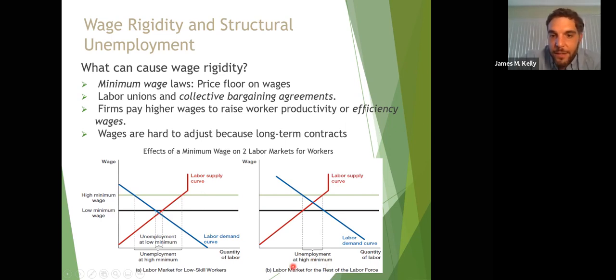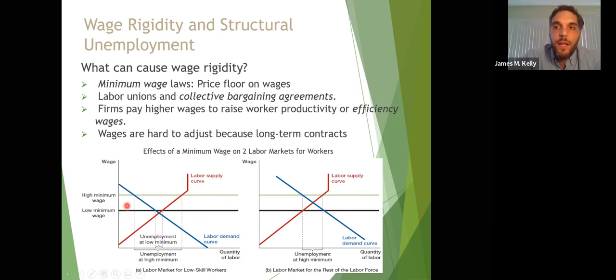Whereas in some labor markets where the wage rate is high enough, if you have a low enough minimum wage, it's not going to affect the equilibrium wage rate, because the equilibrium wage rate is higher than the minimum wage rate. So really, when we're concerned about inefficiencies in labor markets due to minimum wage laws, it's going to be in markets where the wage rate is relatively lower, which is exactly the markets where it makes sense to impose minimum wage rates.